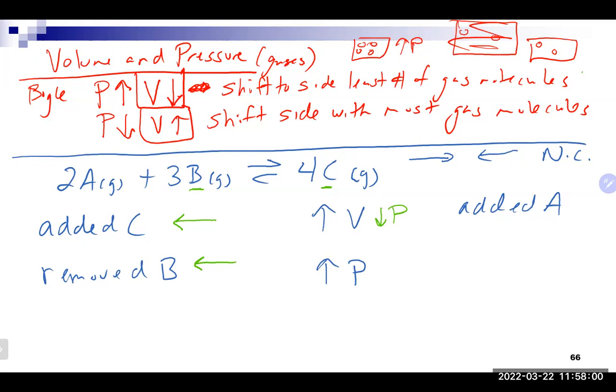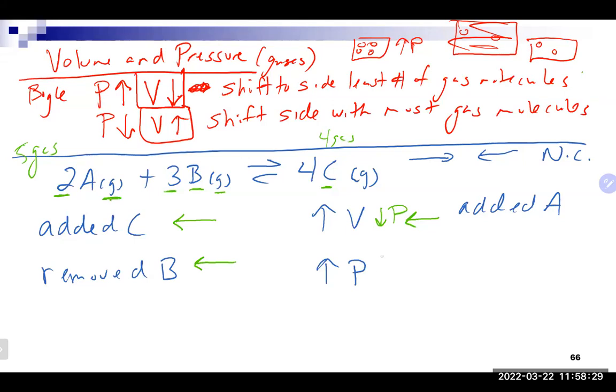So in this case, it is going to shift to the side with the most gas molecules. This is very simply found by looking at everybody that has a G and adding the coefficients. On the left-hand side, there are 5 gas molecules. On the right-hand side, there are only 4 gas molecules. That means in this case, it will also shift to the left. Any questions on that one?